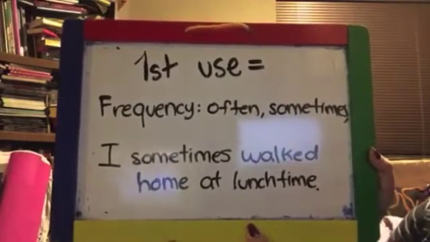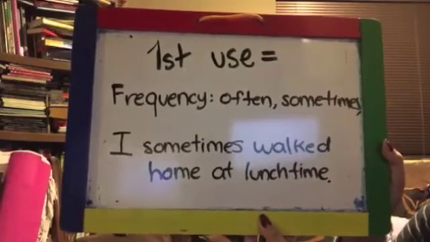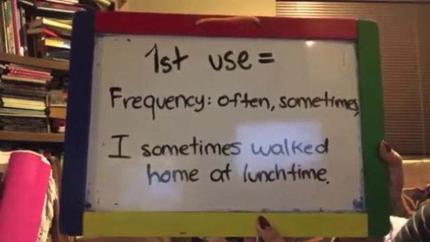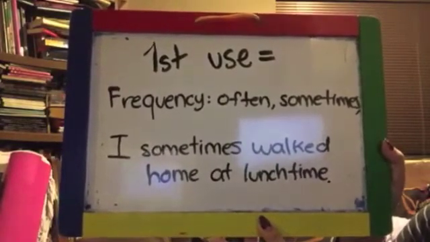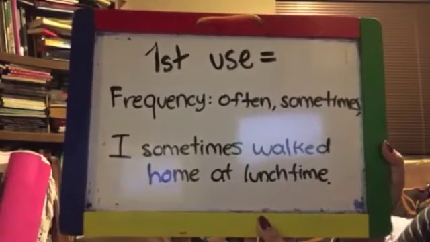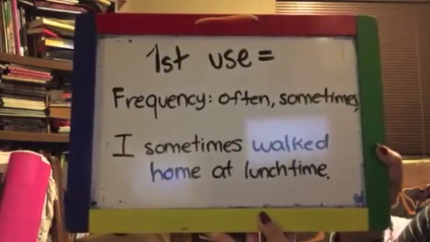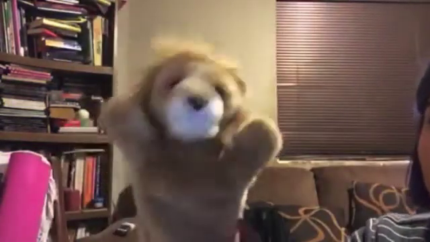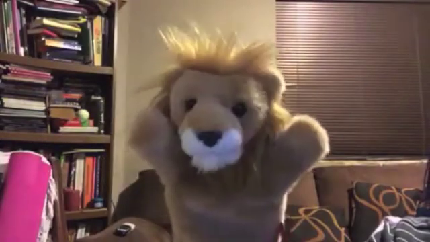We know that this sentence is in past because the verb walk is in past with ed, forming walked. And we also know how often this occurs because we have the frequency adverb, sometimes. So that was the first use of the simple past.